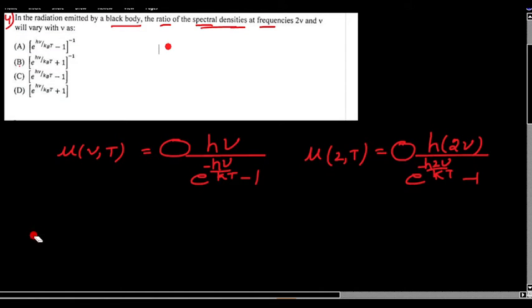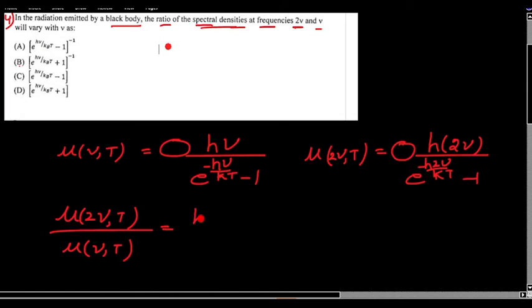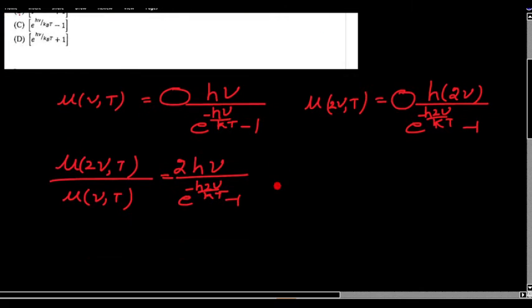They are talking about the frequency 2 mu, so I take the frequency 2 mu in the upper part, and we are simply taking the ratio, 2h mu divided by e to the power h 2 mu by kT minus 1.